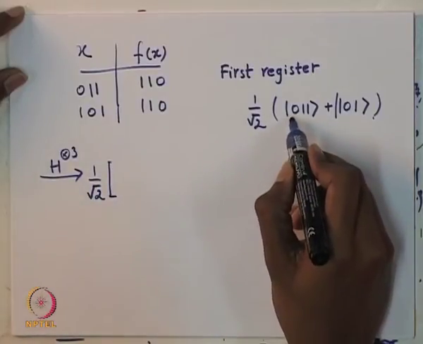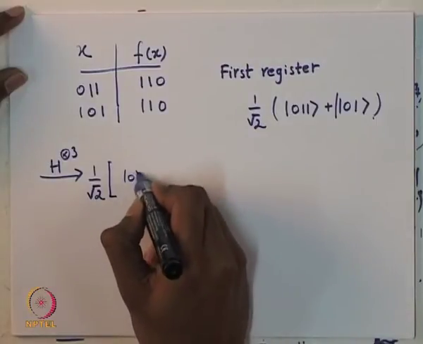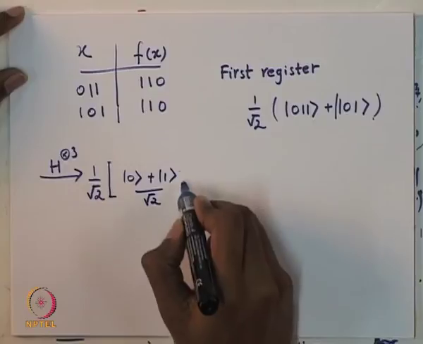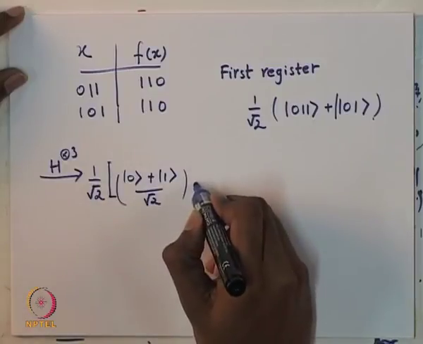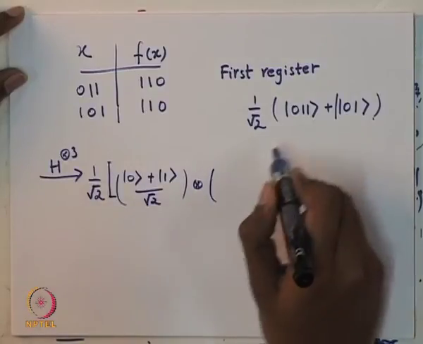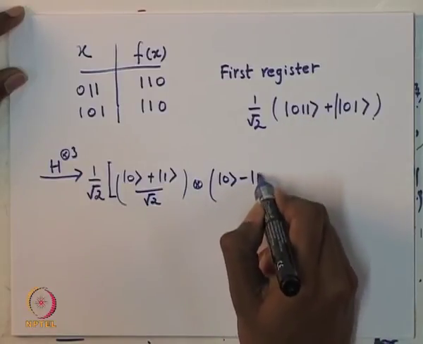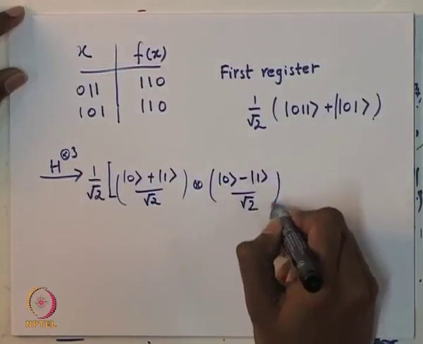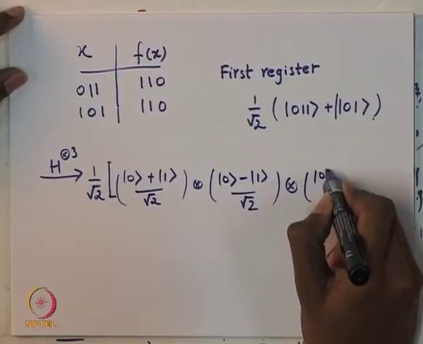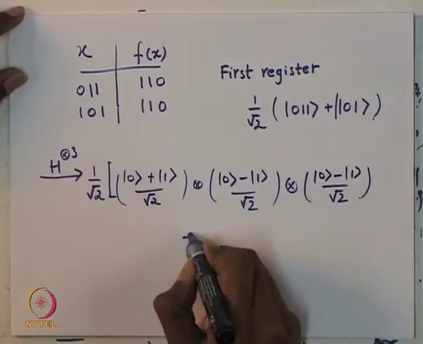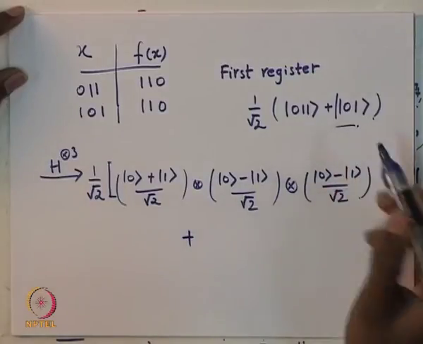Applying Hadamard on 0 gives us, applying the Hadamard gate on 1 gives us, and similarly for the next term.